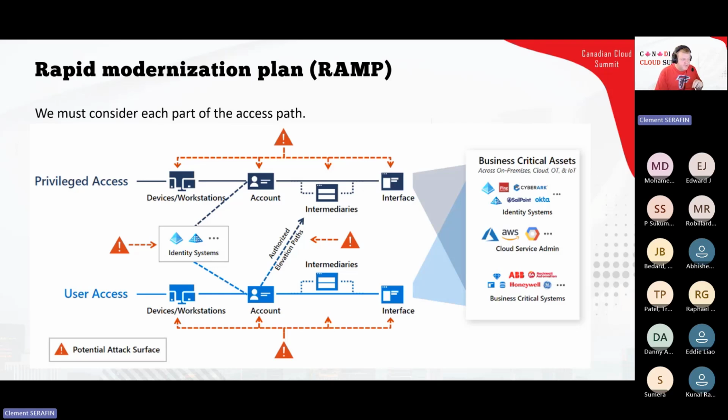When you're going with a zero trust model, we are not trusting anything. That's why you have a warning on each port, because they are just a vector of attack. And here you have an example of all the potential attack surface you can have: from the user, from the privileged access, directly from the identity system, or through the intermediaries and the elevation path.